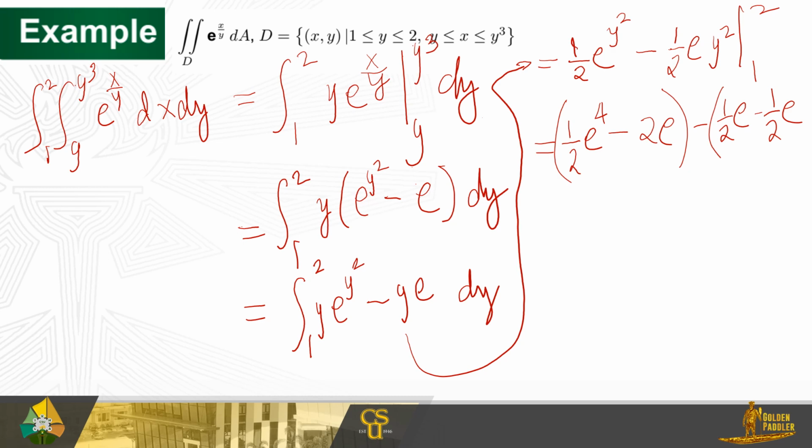Tama? Kasi 1 lang man yung y, so 1/2 e to the 1 square, e minus 1/2 e times 1 square is 1/2 e. And this will become 0. As you can see, yung second part is magiging 0. So what we have now is 1/2 of e to the 4th power minus 2e.